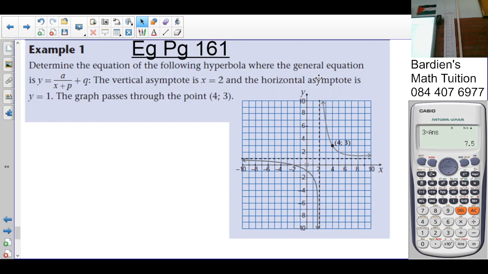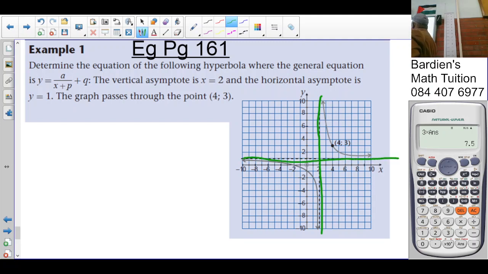The vertical asymptote is x equal to 2. The asymptote stands up straight. This here is x equal to 2. Can you see that? And the horizontal asymptote is y is equal to 1. The graph is passing through 4 and 3.